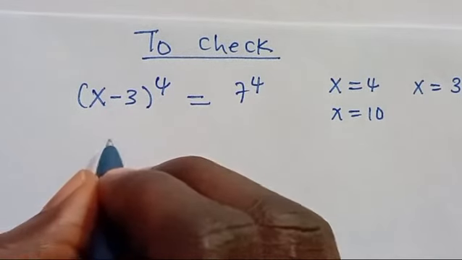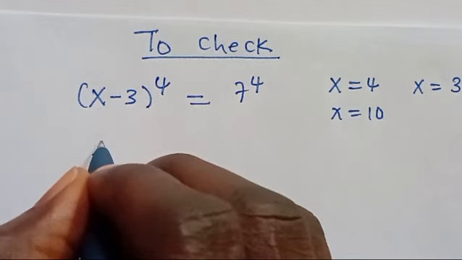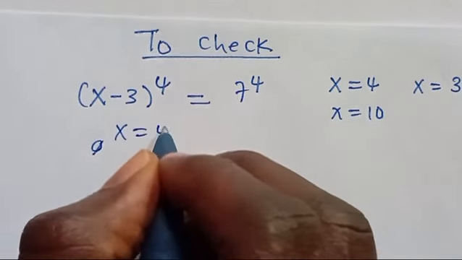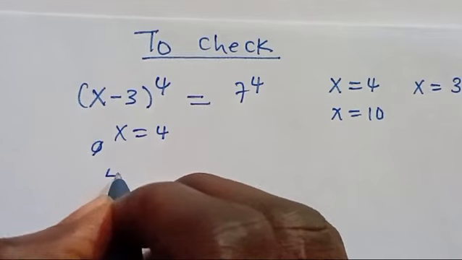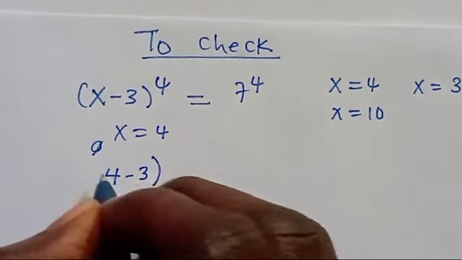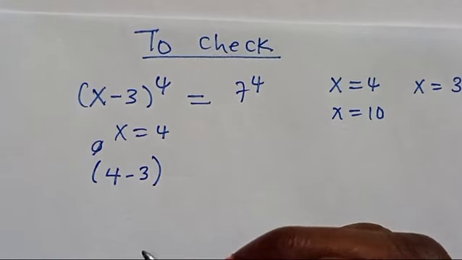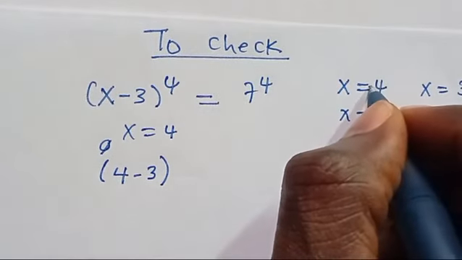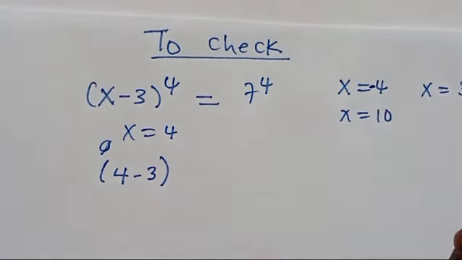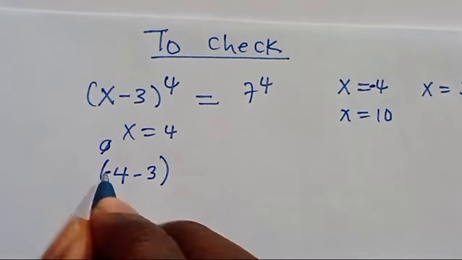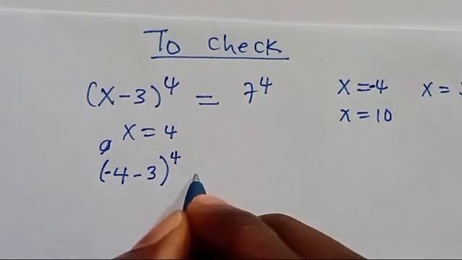So for the first one, when x equals minus 4, here will be minus 4 minus 3 in parentheses to the power of 4.